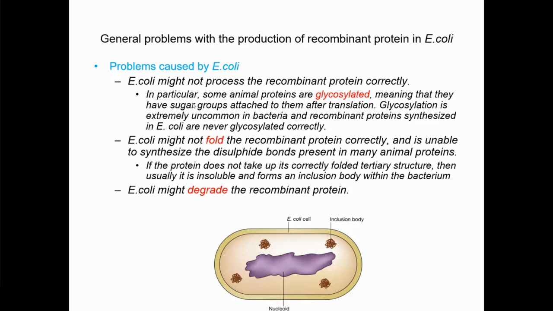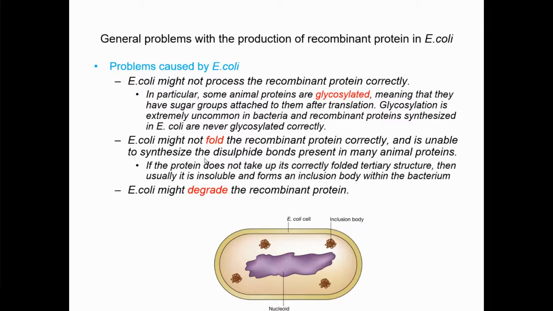That means they have a sugar group attached to the protein after translation, and the glycosylation does not happen in the bacteria cell. So that could be a problem.